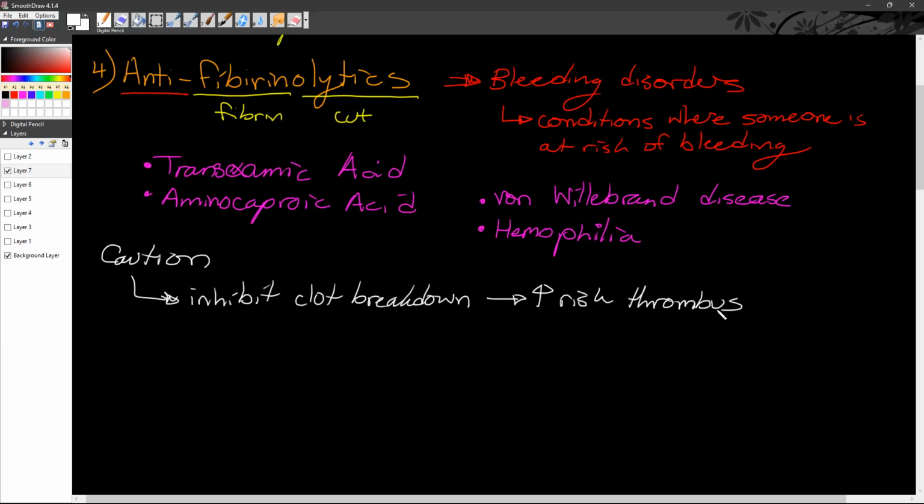So someone could be at risk of stroke, right? If you're making it easier to clot, then they might get ischemic, they might have a heart attack, they might have a stroke, lots and lots of different stuff. But the goal here is to balance the bleeding disorder with the clotting ability of the drug and end up somewhere in the middle.